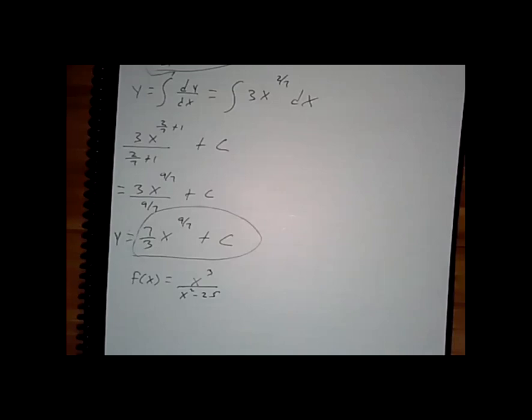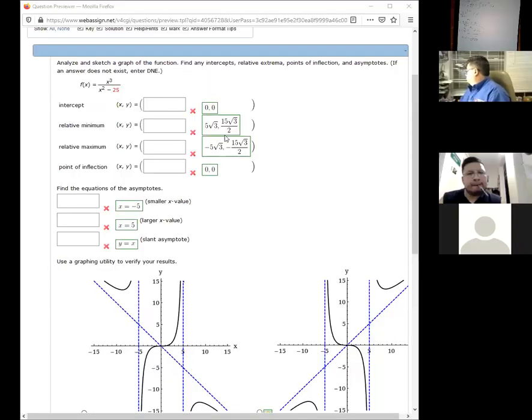So all you need is the relative max and minimum, you said? Yes, sir. It should be this here. You see it? Is this what you got? Yeah. I don't know why it would be, I mean, I get why it would be that, 15 to the square root of 3 over 2.